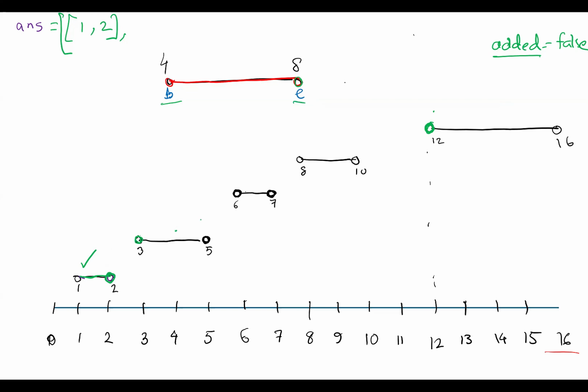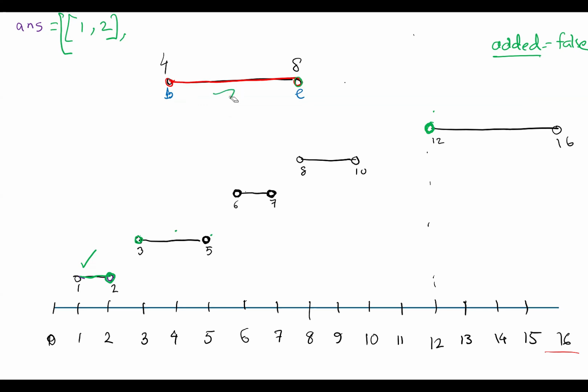Neither is the end point smaller than the beginning point. So this one is actually overlapping. So if it's overlapping, I have to start merging with this one, right? I have to start merging.